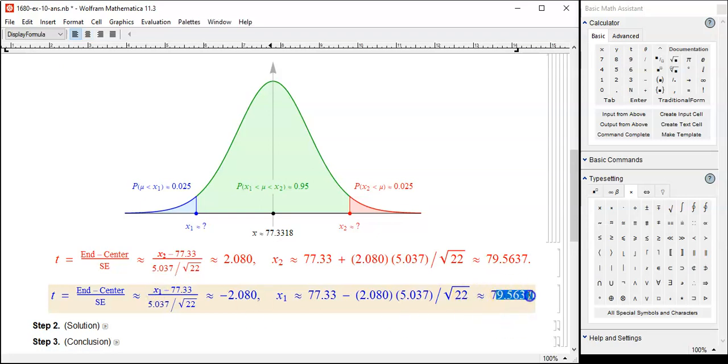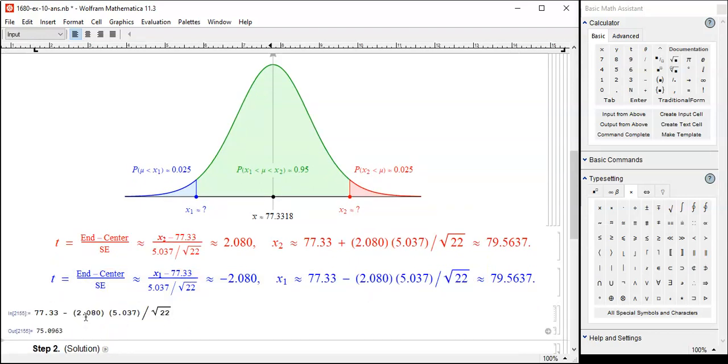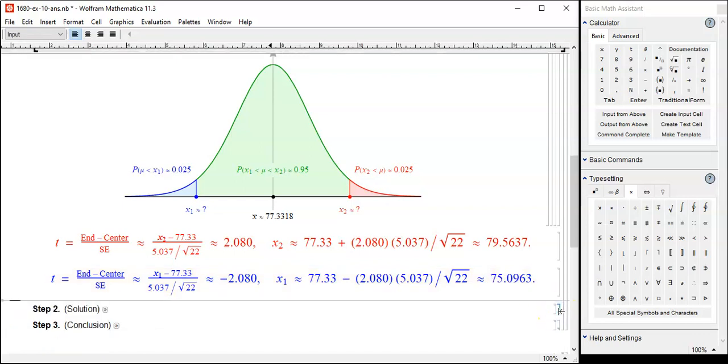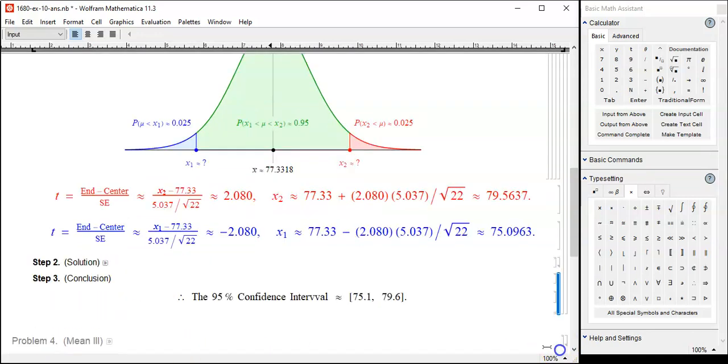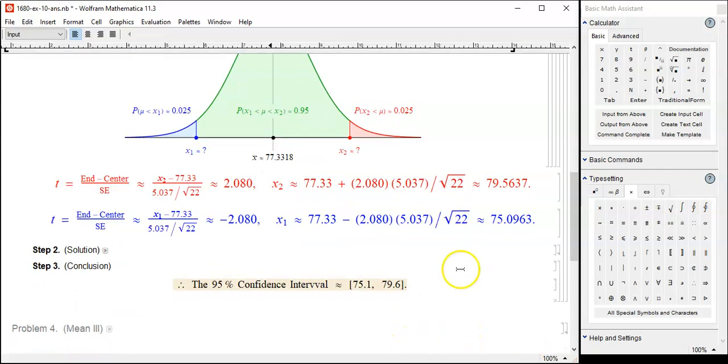And as for this quantity here, of course, I have to recalculate. Change the sign only, and this is what I'm getting. 75 point something. And there goes the lower bound of the confidence interval from here to there. See the conclusion? They fit.